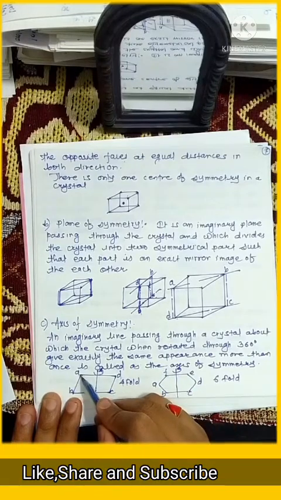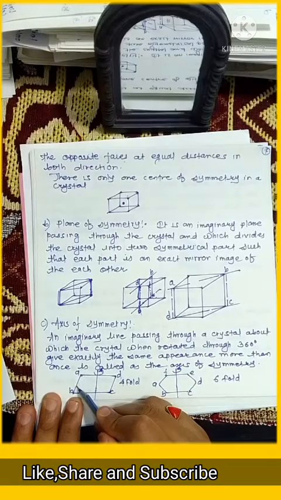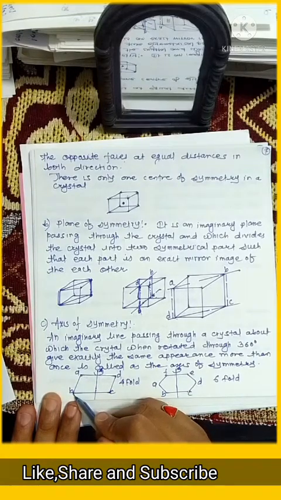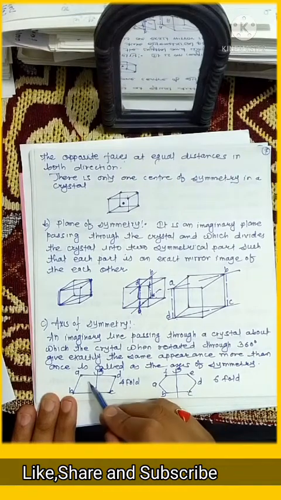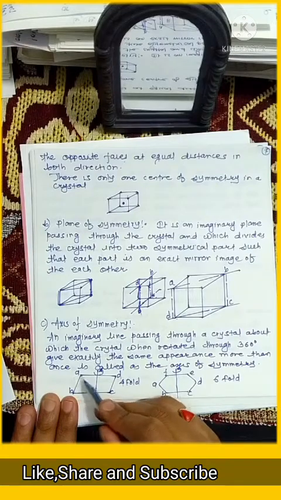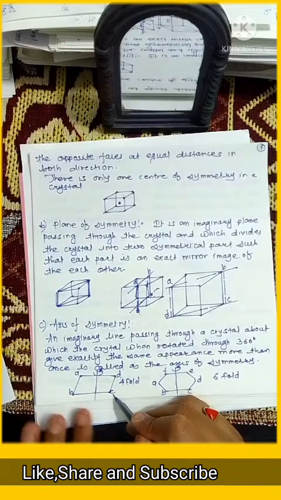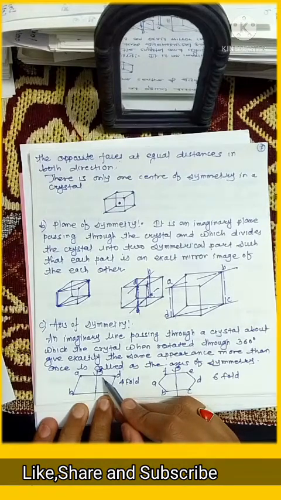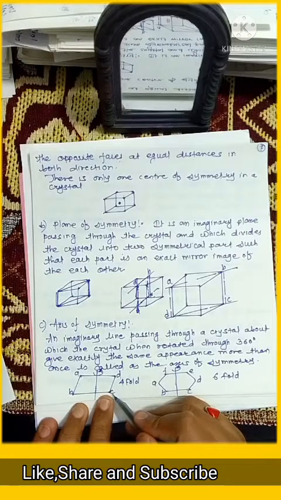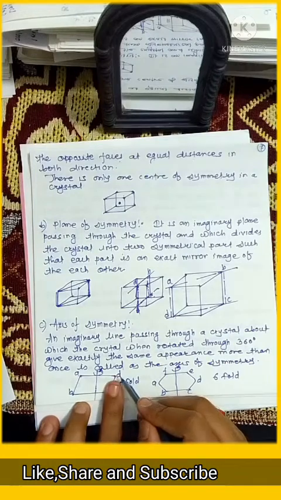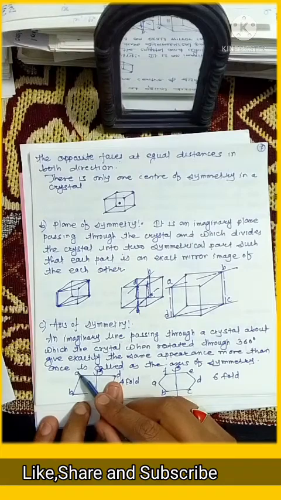Now if I rotate this parallelogram by 90 degrees, then A comes at the position of B. Again if we rotate, then A comes at the position of C. If again by 90 degrees we rotate, then A comes at the position of D, and if you rotate again, A comes back to its original position.